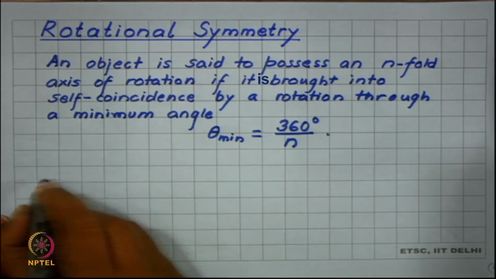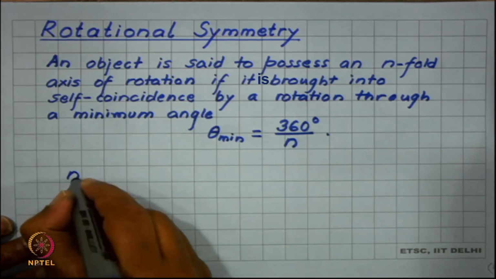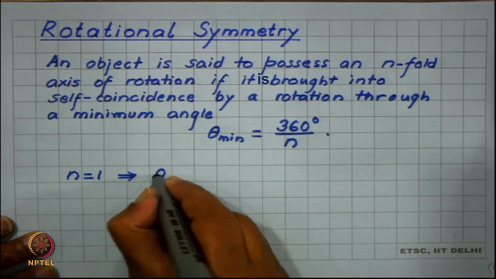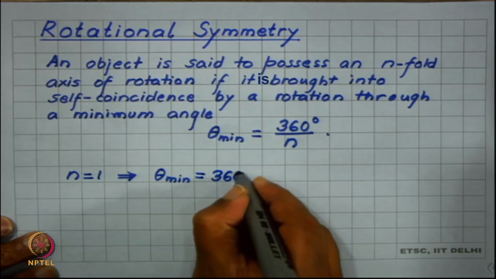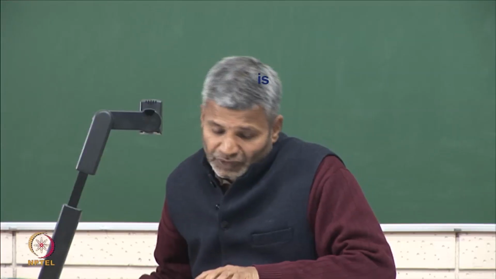For example, let us take n is equal to 1. If we take n is equal to 1, this means theta min is 360 degree. But any object, however irregular its shape, if it is rotated by 360 degree, obviously it will come into self coincidence.